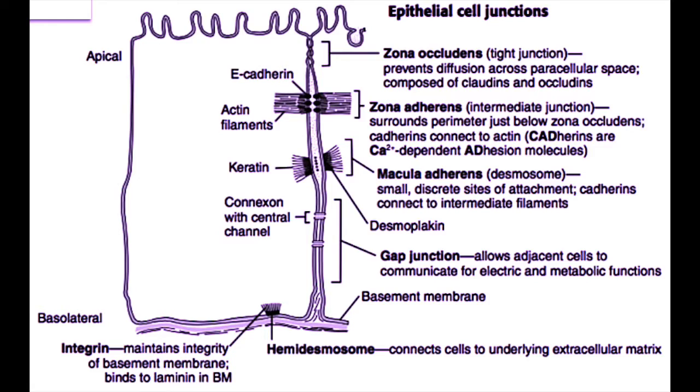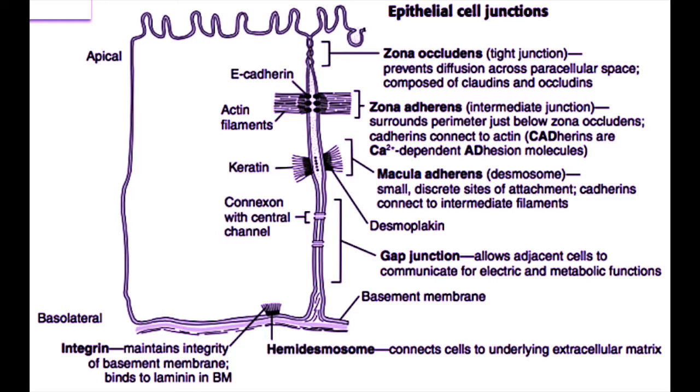But in the macula adherens, these cadherins, rather than connecting to actin like they did before, are now connecting to intermediate filaments. So the difference again between macula adherens and zona adherens is that in the zona adherens, you had your cadherins attaching to actin. And now down here in the desmosome, the macula adherens, we're going to have the cadherins connecting to intermediate filaments.